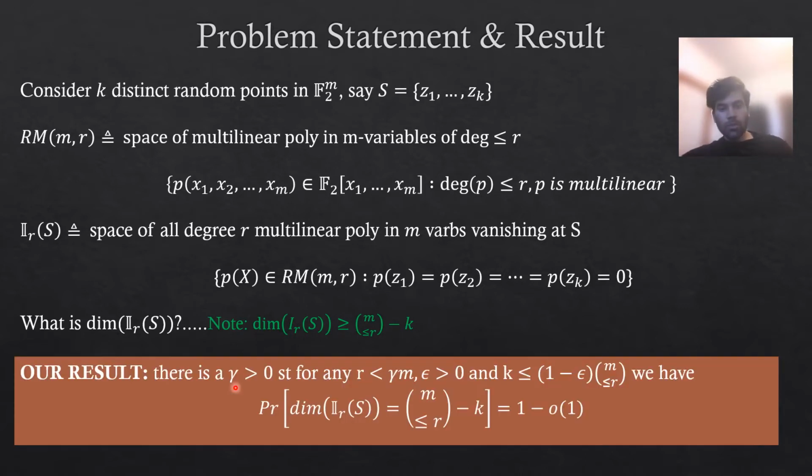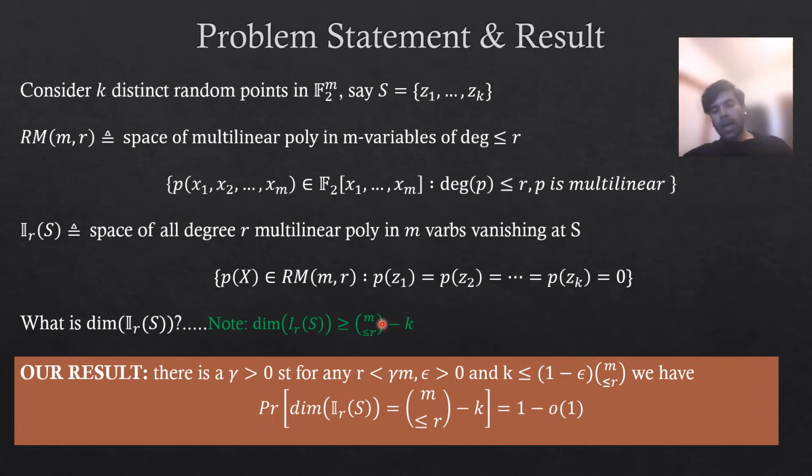And what we show is that this maximal reduction of K is more or less what happens in case S is random. There is a condition here on R. We need R to be not too large in comparison to M, or rather we need R to be less than gamma times M for a universal constant gamma.